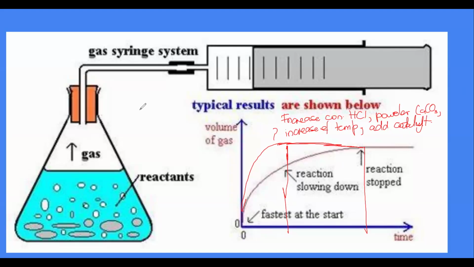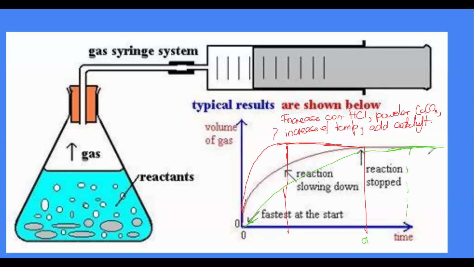Now, in my green ink, I am going to slow down the rate of reaction. So in slowing down the rate of reaction, I am going to be forming less product over time. And it will take a longer time for my reaction to end. So my reaction would end here normally, but I can slow it down so it takes a longer time to react.